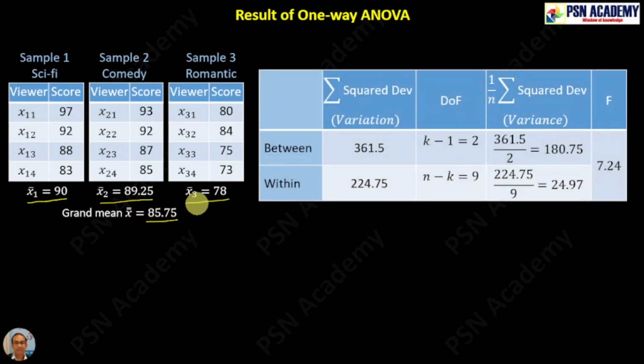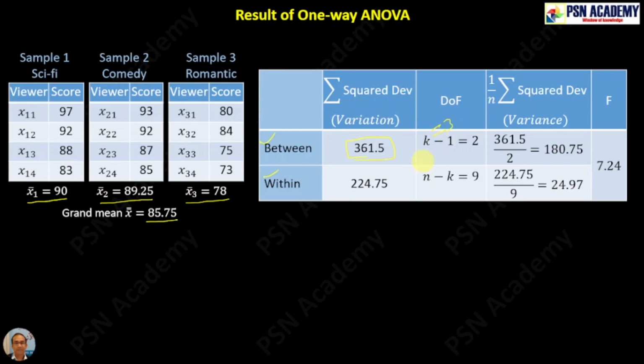Now, after performing the ANOVA, we have got these results. We are dealing with between variance and within variance. For the between variation, the sum of the squared deviations is 361.5, and the degree of freedom is k minus 1, because you have 3 samples.